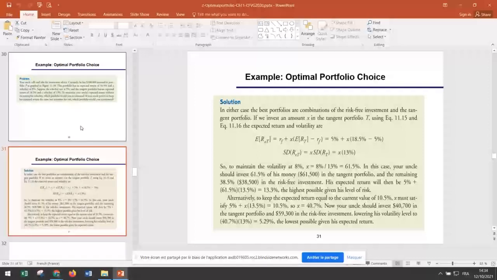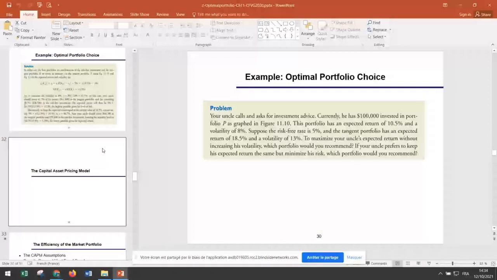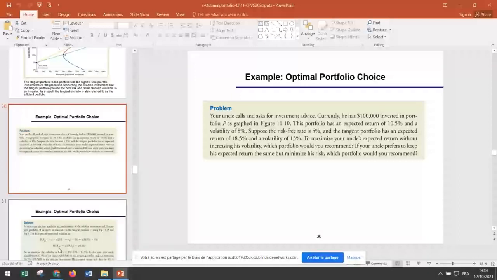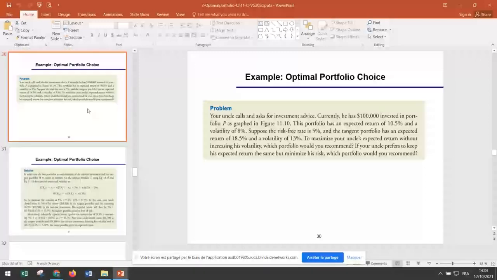So these are some of the questions you would expect to see in the exam. This is the third part of this chapter, right? We have three parts.